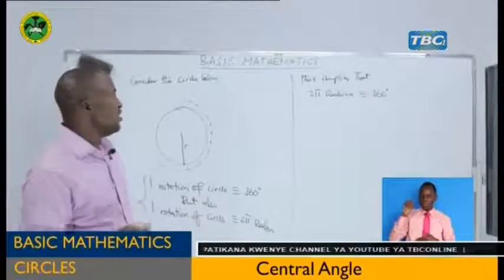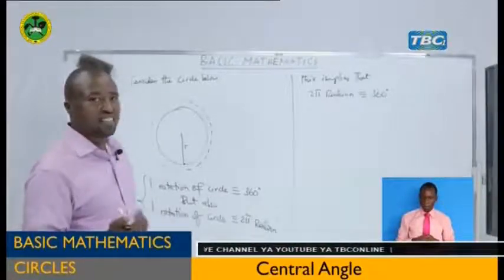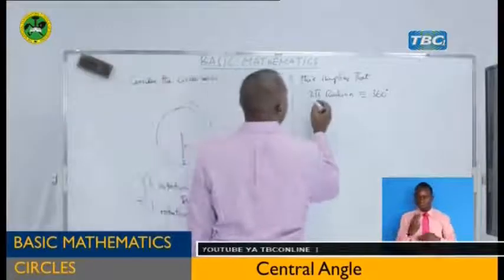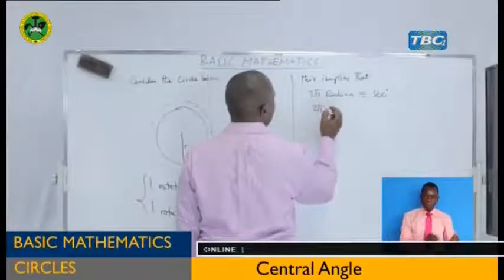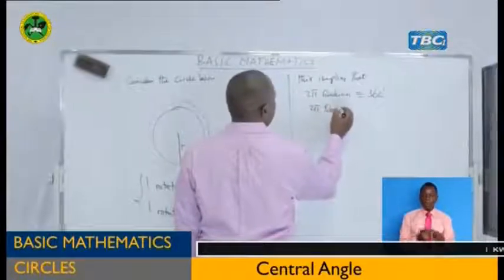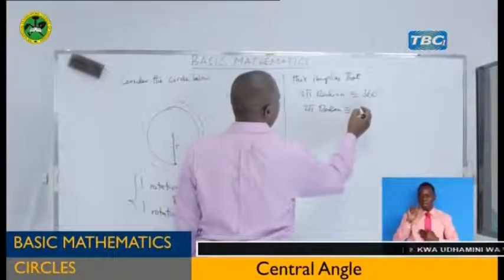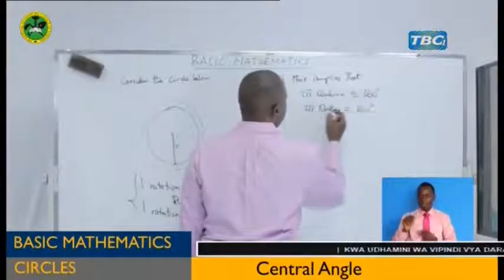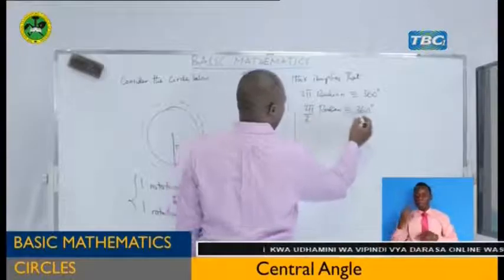Now, dividing by 2 from both sides, we have 2 pi radians, which is equivalent to 360 degrees divided by 2.